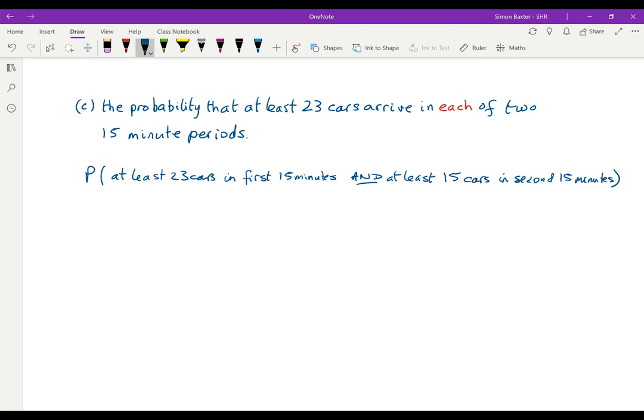Well, we worked out in part A the probability that we had at least 23 cars in 15 minutes. That is 0.1446.